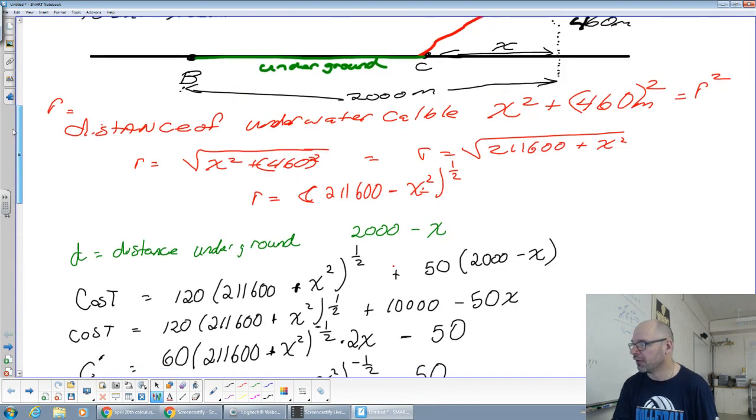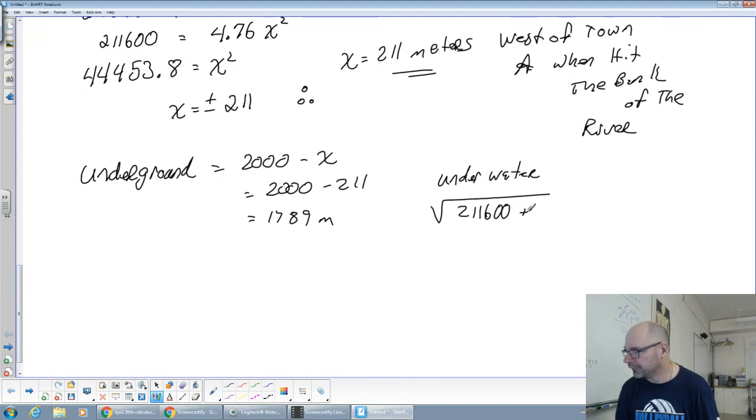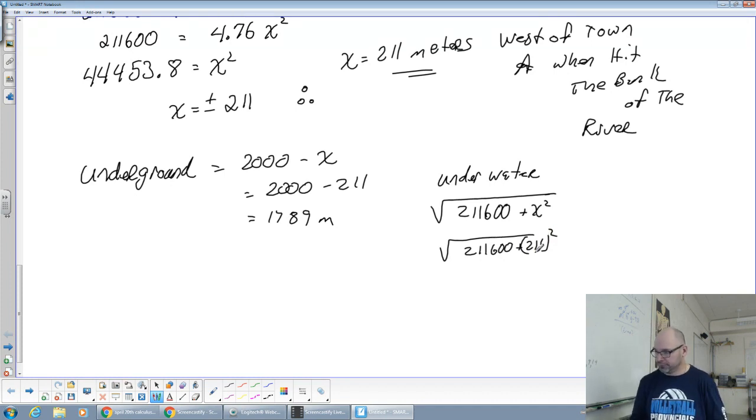Make sure I don't put a minus in there, yeah, plus. So let's work that one out. 211 squared plus that, square root that. So I get 506.